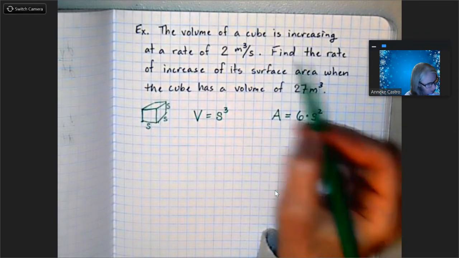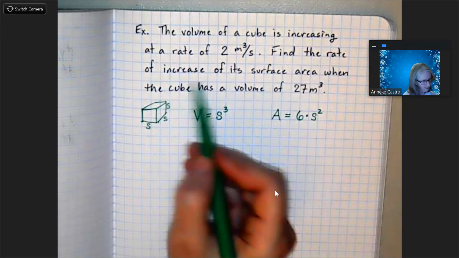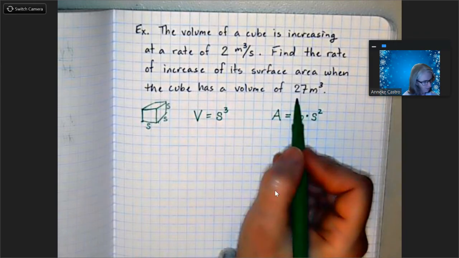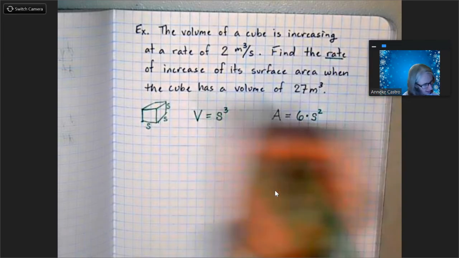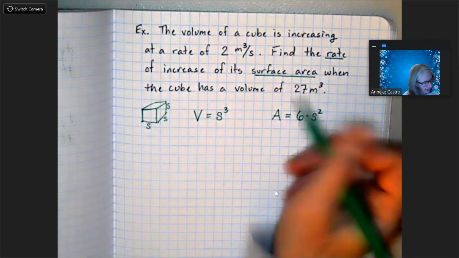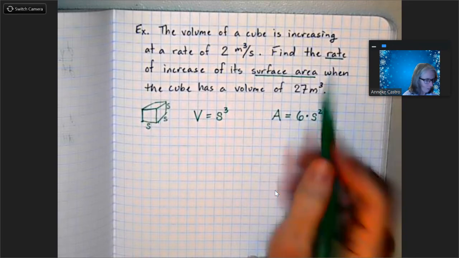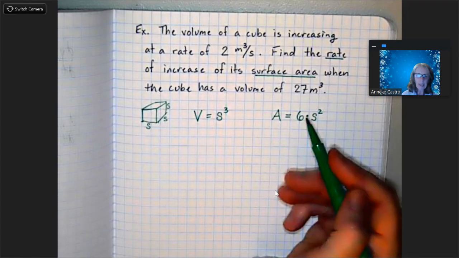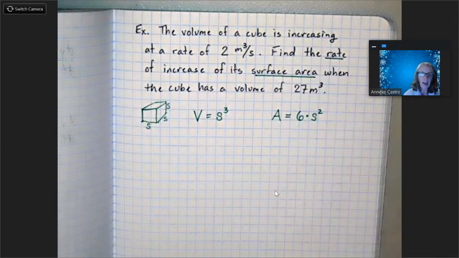What am I trying to find? Find the rate of increase of its surface area. So the rate of increase of its surface area when the cube has a volume of 27. So the rate of change of the surface area, that is going to be dA, the derivative of A, the change in A in regards to time. Okay, when it says the rate of increase, since it's not giving us another quantity, the rate of change of the surface area in regards to something else, then we can assume it's in regards to time.